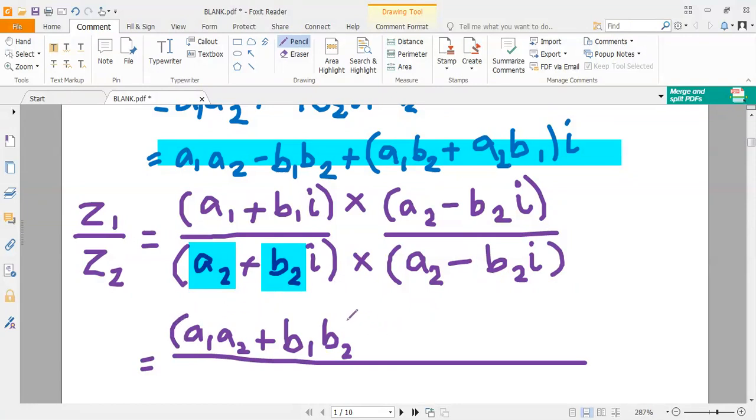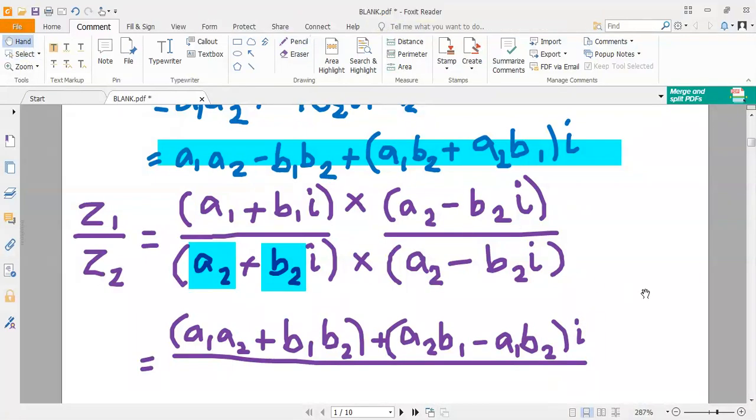And when we talk about the imaginary part, this b2 is negative, so instead of writing a1 b2 plus a2 b1, let me write a2 b1 minus a1 b2. Because b2 is negative, in this expression we get b2 to be negative. Now watch closely what happens in the denominator.